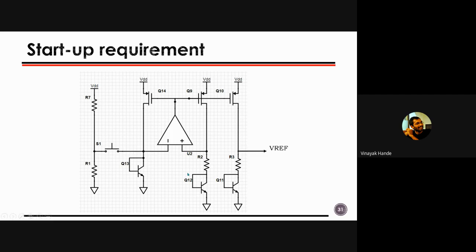Then I'll make sure there will be a difference between the inverting and non-inverting terminals, and it will settle to the delta VB by R current, which is the next steady state from I equal to 0. Then I'll get the required reference voltage. This operation is called a startup operation, and it is extremely mandatory while designing a voltage reference. Otherwise, you know what the consequences are.